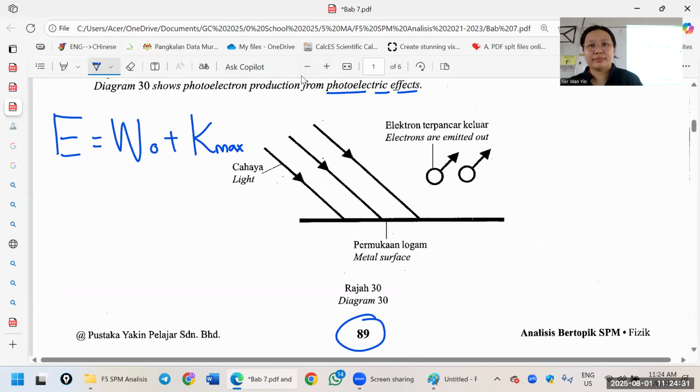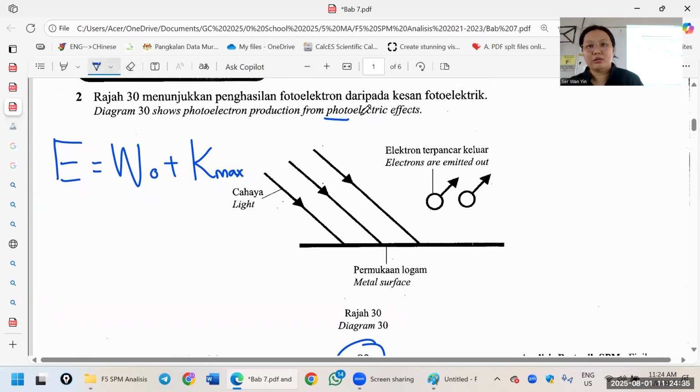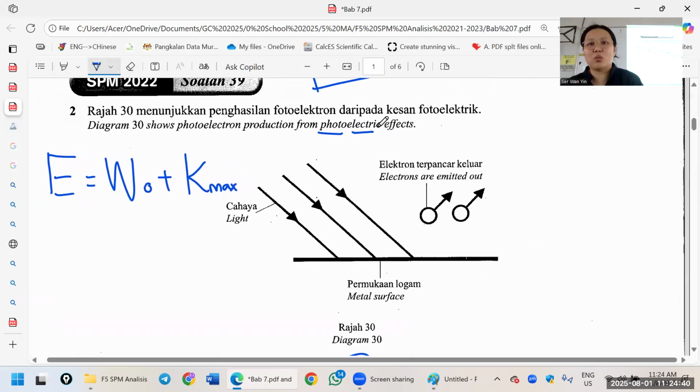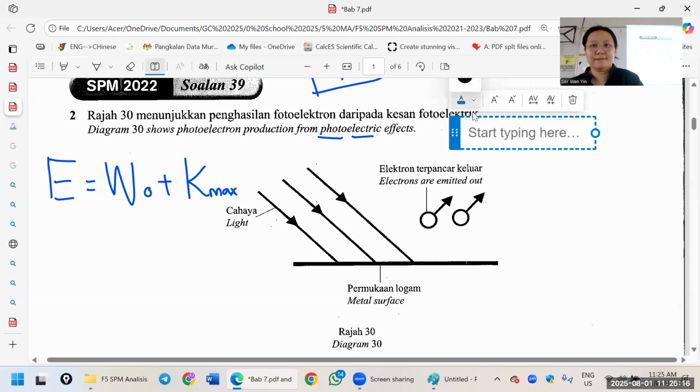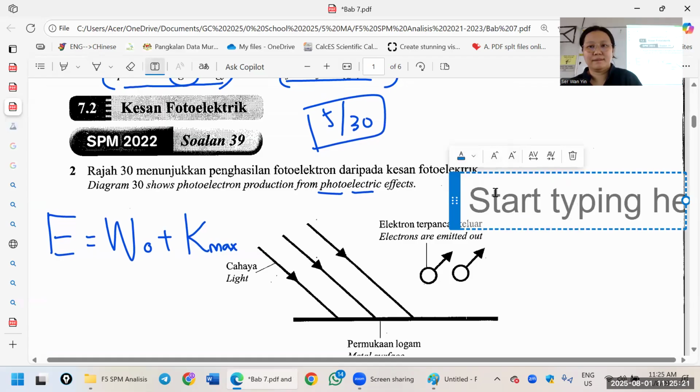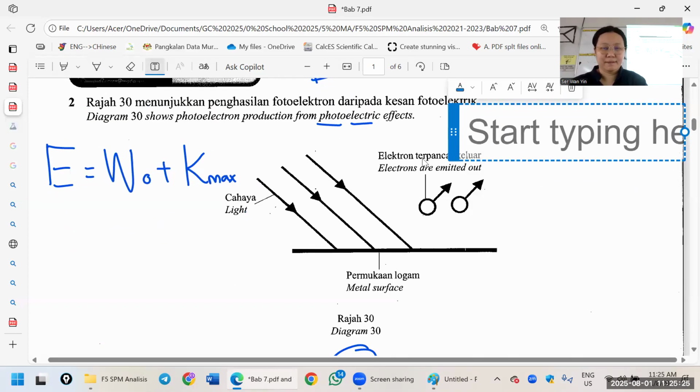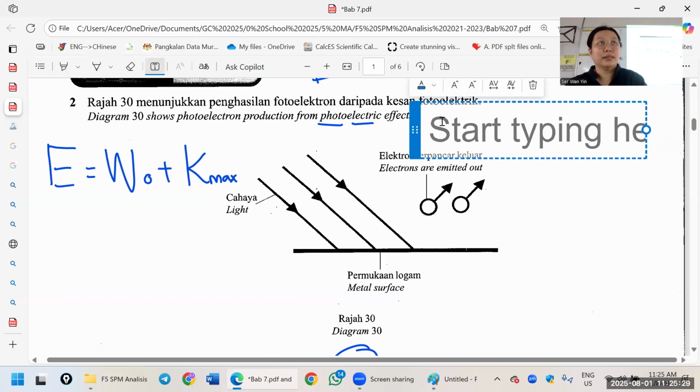Photoelectric effect. Who can define what is photoelectric? When the surface is illuminated by light with a certain frequency, then electrons are emitted from the surface. Yes, very good.